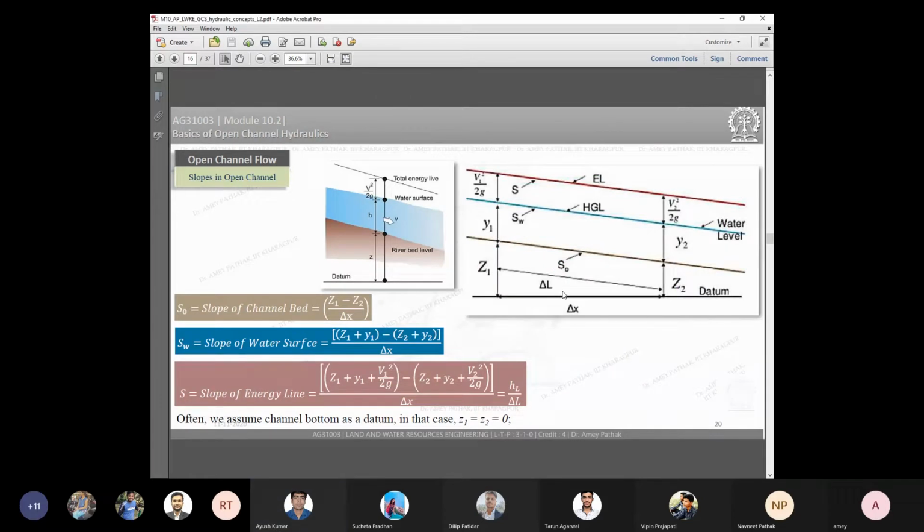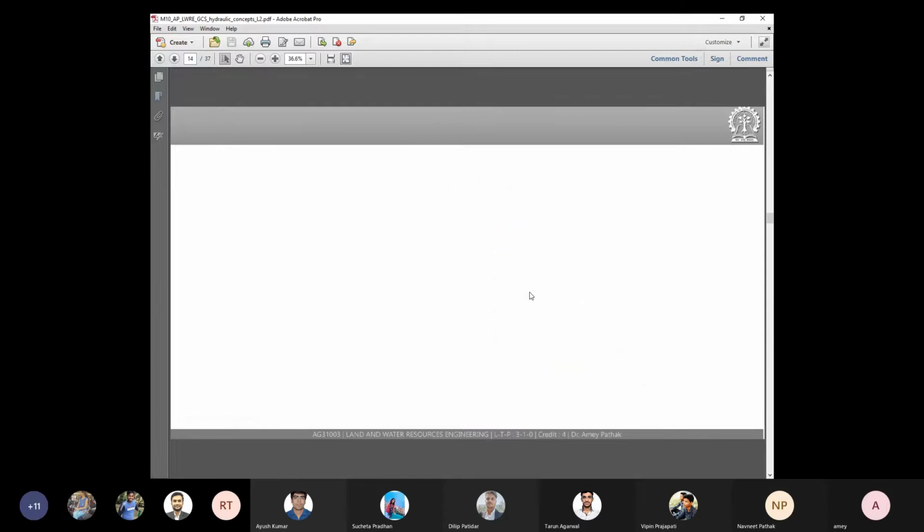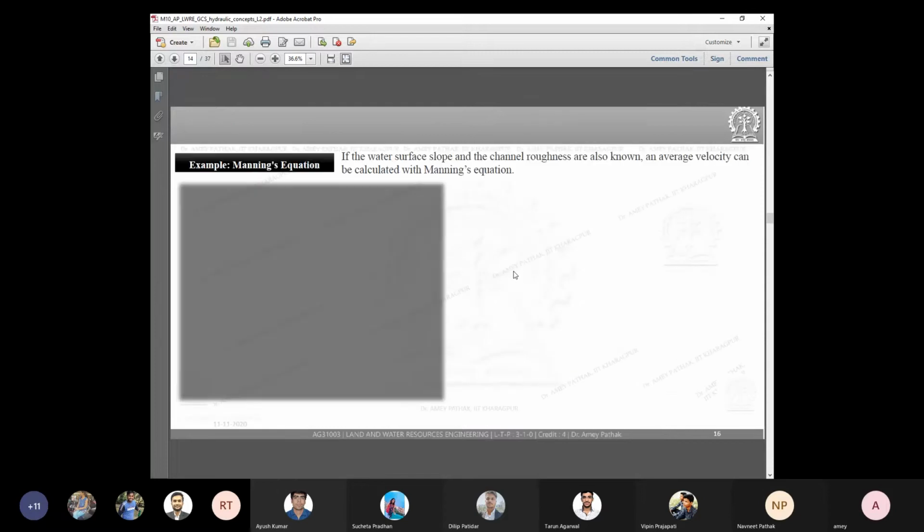So this figure is actually important, and you can see in case of open channel flow, or in case of steady uniform flow, what will happen?